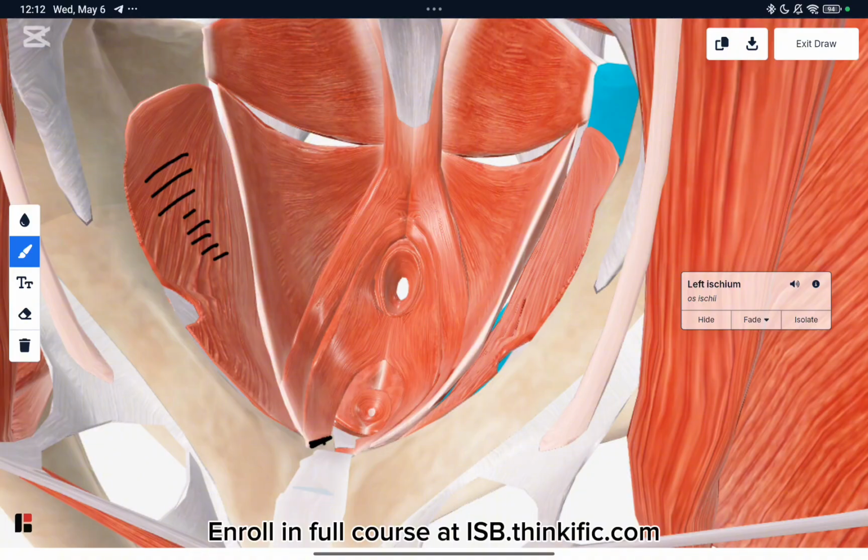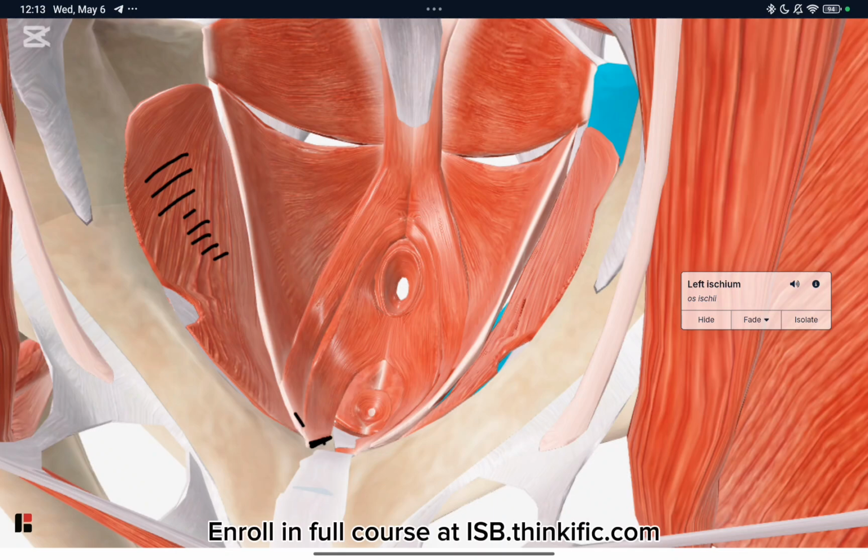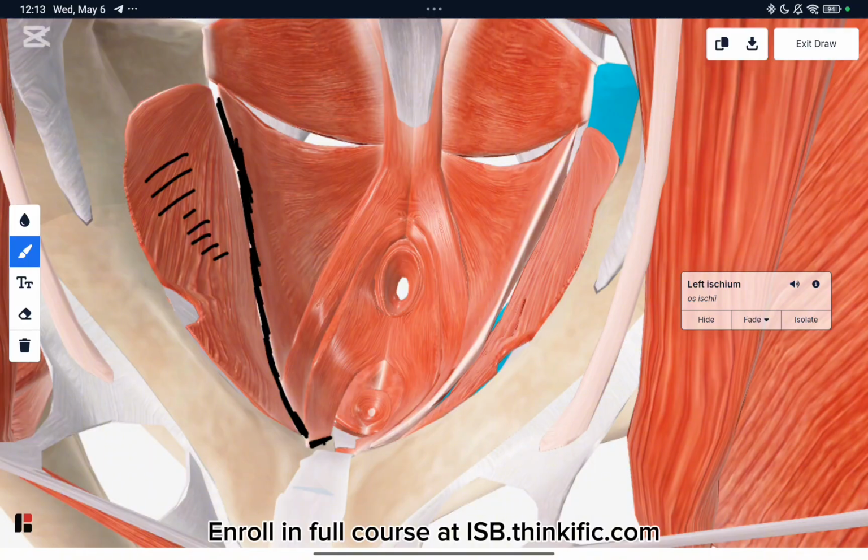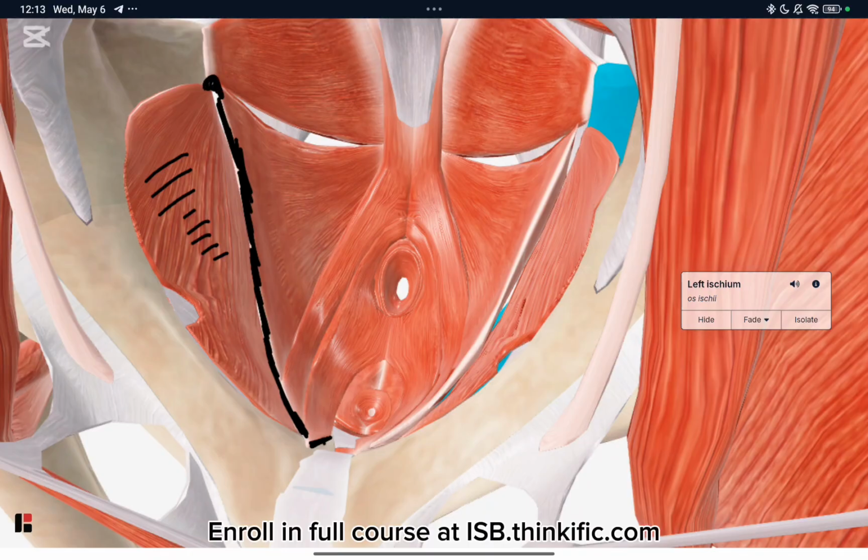The obturator fascia is particularly thickened along this line, and the levator ani originates from this thickened obturator fascia. That's the second line of origin. This thickening is called the tendinous arch. In the end and in the back, it originates from the tip of the ischial spine. From this line of origin, the muscle descends and meets its partner from the opposite side.